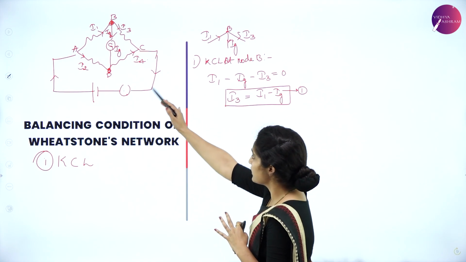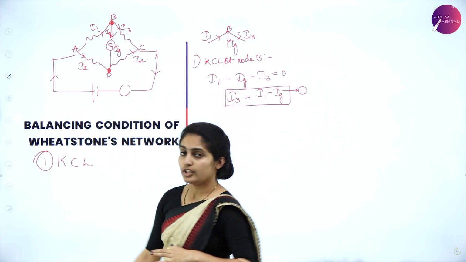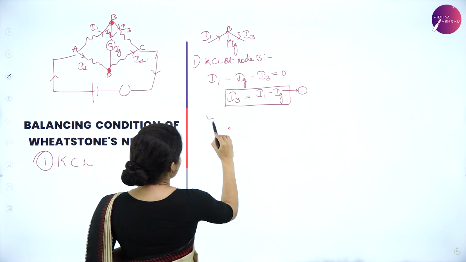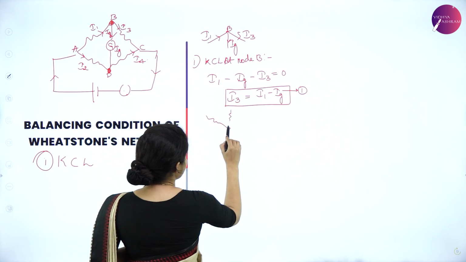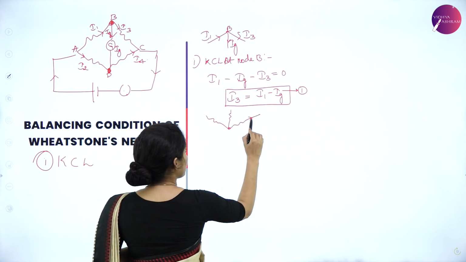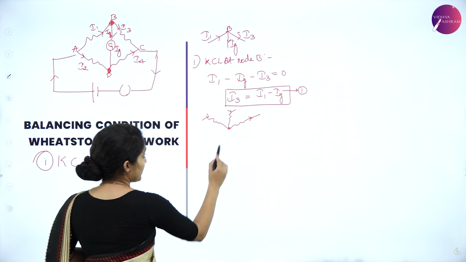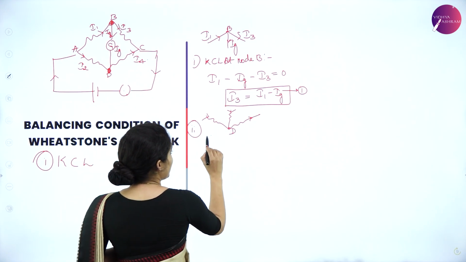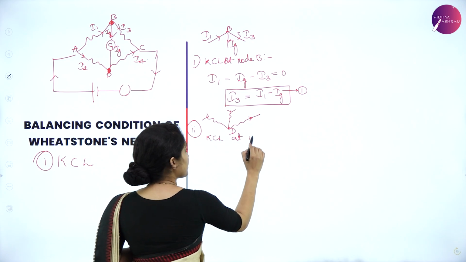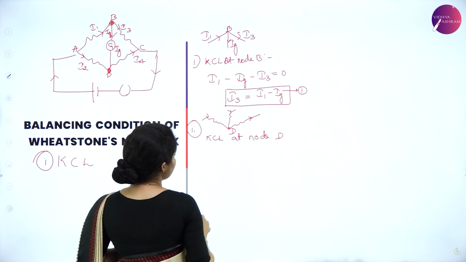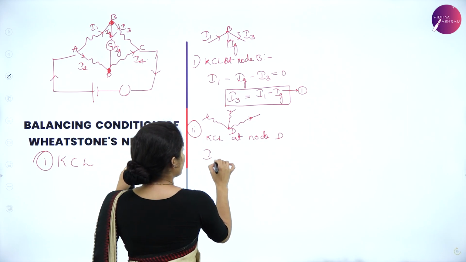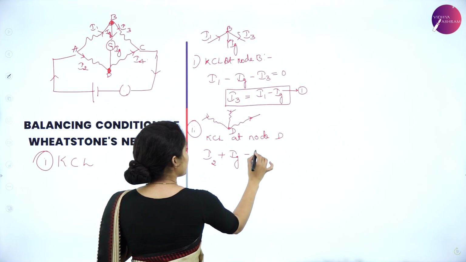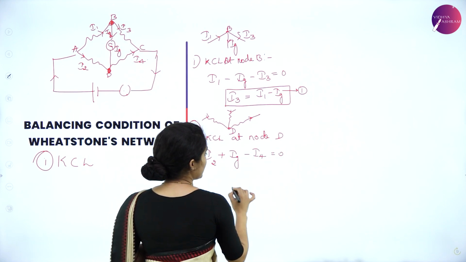Next our section is D, this point. So in order to derive for it, we have, this is D. So there is I2 which comes, IG which is coming, I4 which is going. So applying KCL at node D, we have I2 plus IG minus I4 is equal to 0.